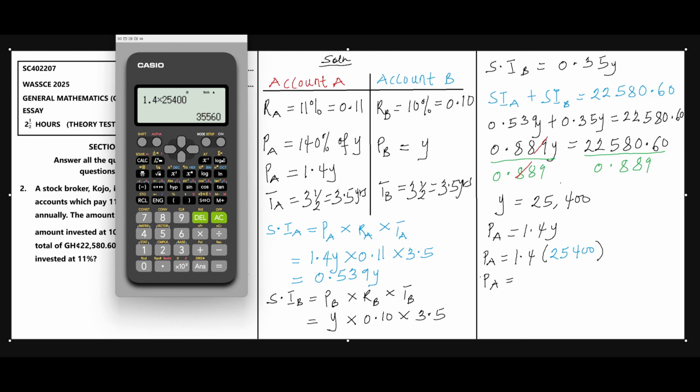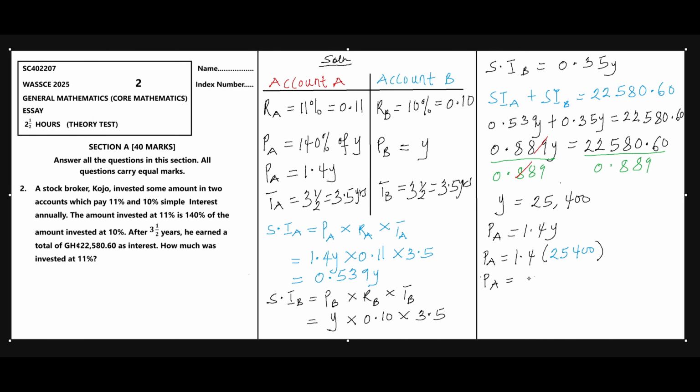Okay, so the amount invested in account A is 35,560 Ghana cedis. So this was the amount invested in account A.